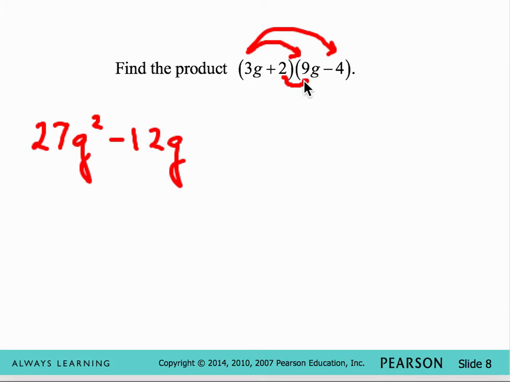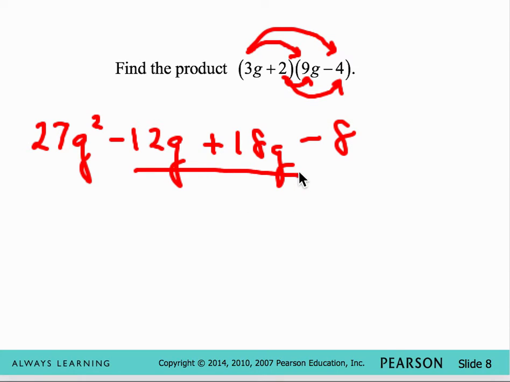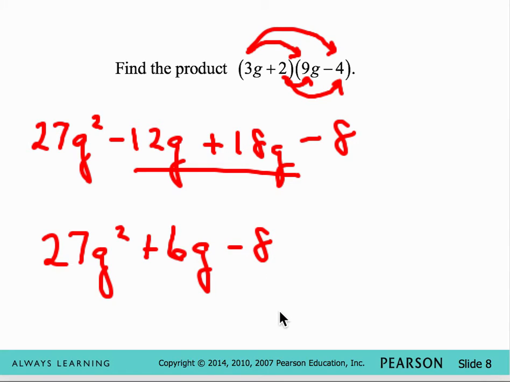Let's move to the 2. 2 times 9 is 18 times g. 2 times negative 4 is negative 8. Anytime you have like terms, we need to combine those. So negative 12g plus 18g, 18g's take away 12g's leaves you 6g's. Okay, and then minus 8.